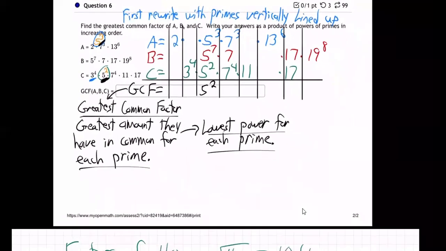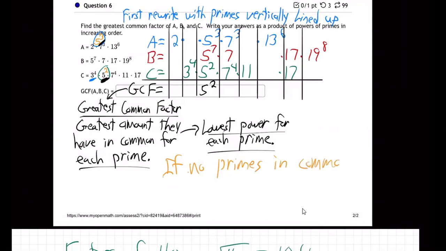Gotcha. Good question. Yeah, so let me write a note on that, because I know that does happen sometimes. If there's no primes in common to all 3, then in that case, the GCF is actually 1.